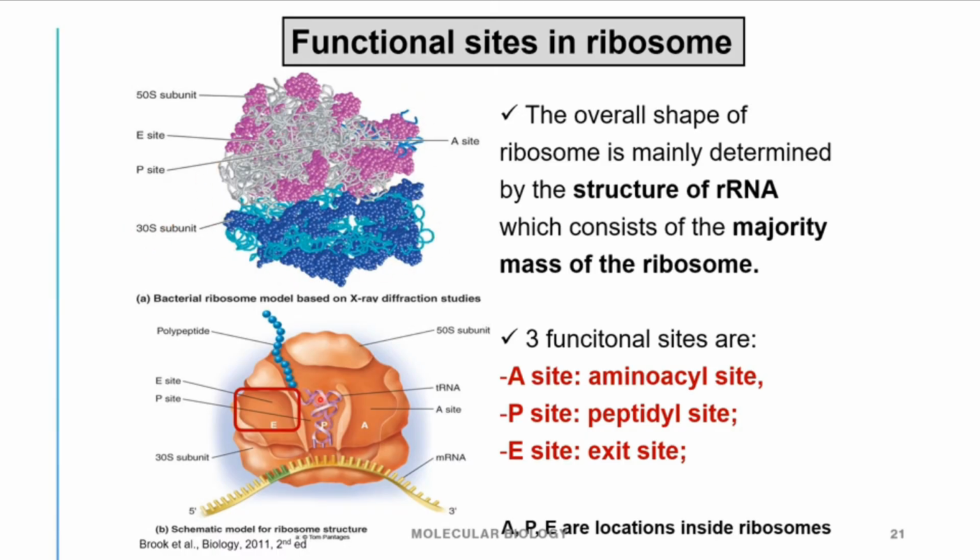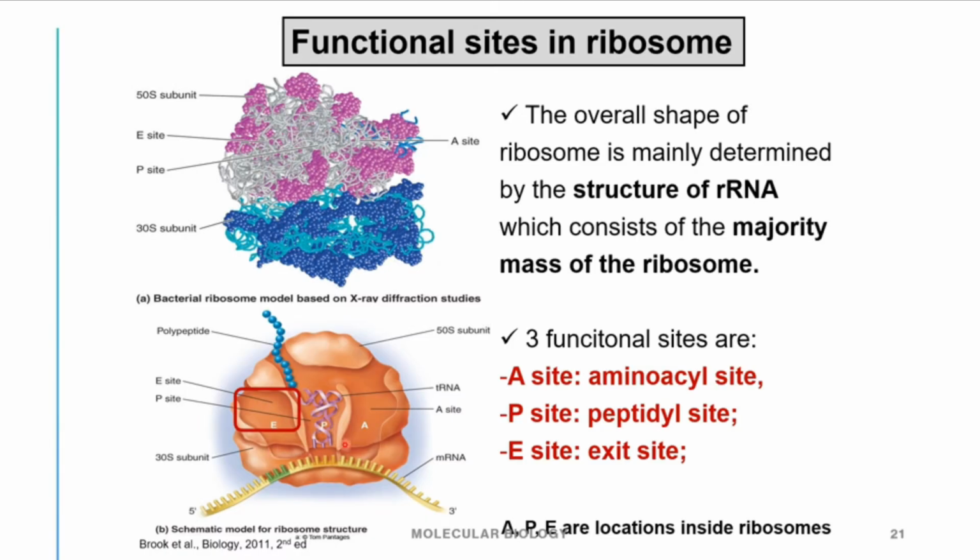If we make a cross section of this ribosome and cut it open, we will see three hollow areas inside the ribosome. The first one, the A site, is on the right, the P site in the middle, and the E site on the left.